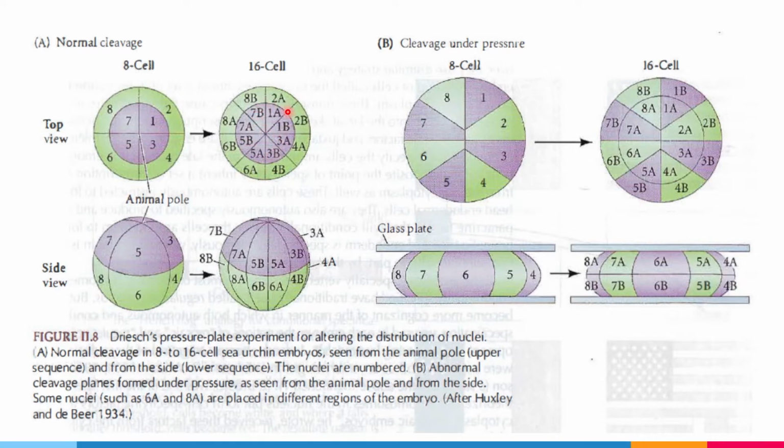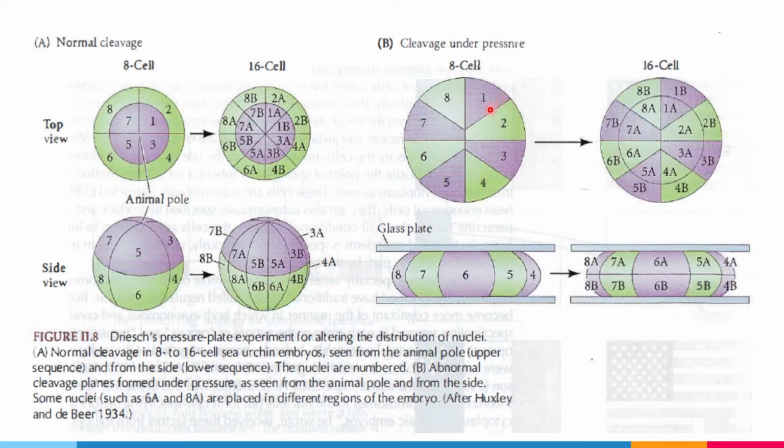Thus, in order to demonstrate that the developmental potential of a cell does not depend on the neighboring cells, what Driesch did is he took a glass plate, and during this stage he pushed down the cells together on top of each other so that the cells get squished, and we do not have a very distinct animal pole and vegetal pole cells separated out.